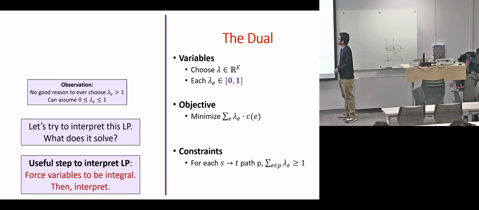Now let's try to interpret this a bit further. What does this thing solve? What does it optimize? One of the useful steps to interpret any LP is to force the variable to be integral, because it's easier for humans to think integrally and then interpret it again.